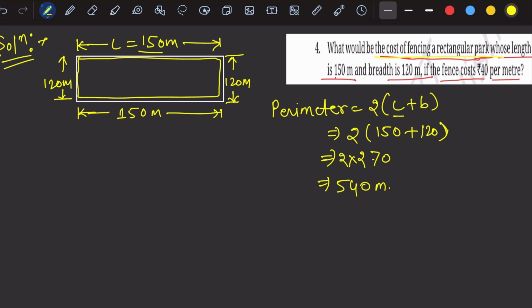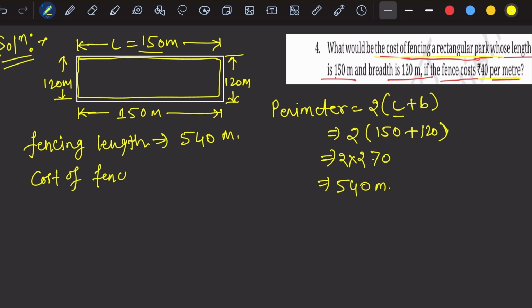Okay, so the fencing length, or we can say the total wire used here, will be 540 meter. Now what is the cost per meter? Here we have 40 rupees per meter. So the cost of fencing will be 540 into 40 rupees.